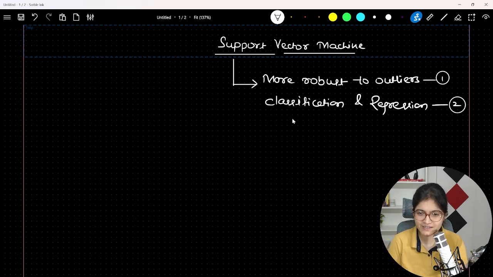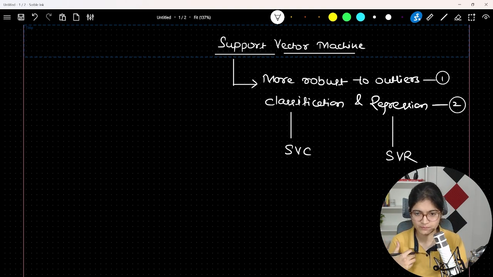There is something called SVC, the full form is support vector classifier, and SVR, the full form is support vector regressor, to do classification and regression tasks on top of any data, whatever be the problem we want to solve. Just like random forest is one of the most widely used algorithms in real-time industry projects, you will observe that SVM is also a very widely used algorithm.